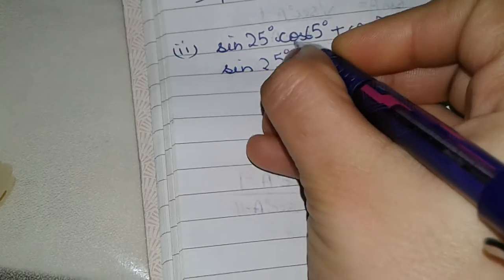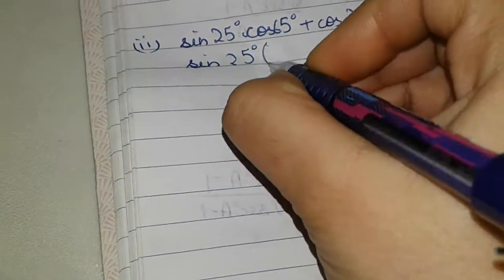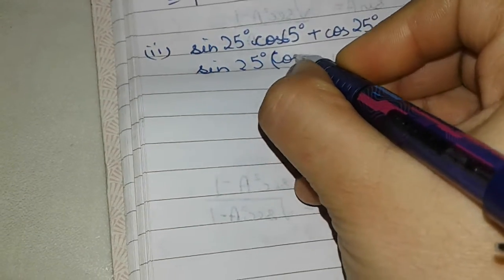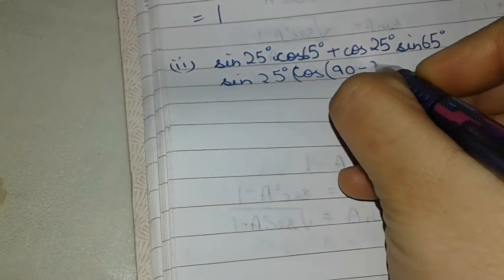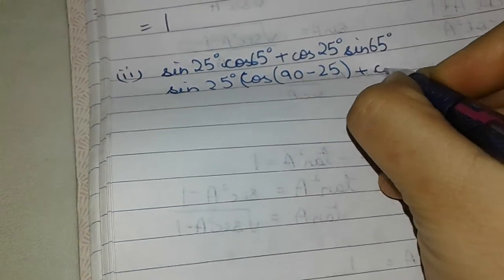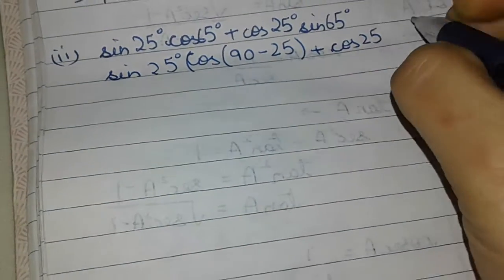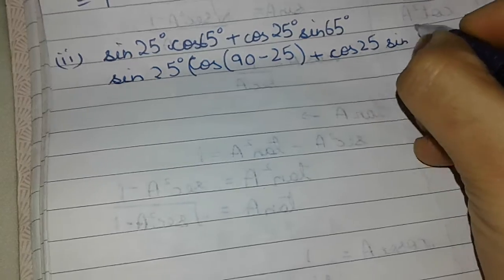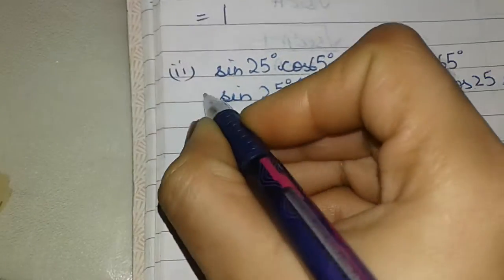Now cos 65 can be written as cos (90 minus 25), plus it will remain the same, cos 25, and sin 65 can be written as sin (90 minus 25).